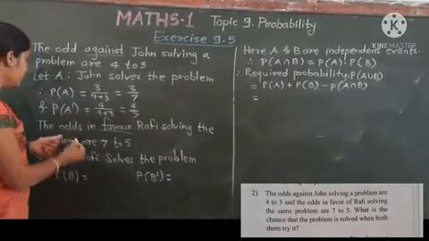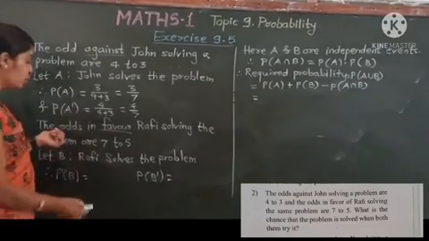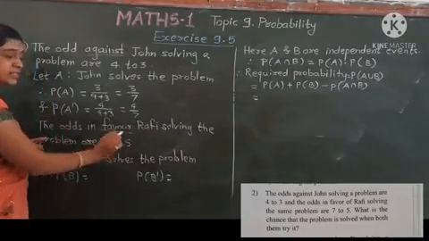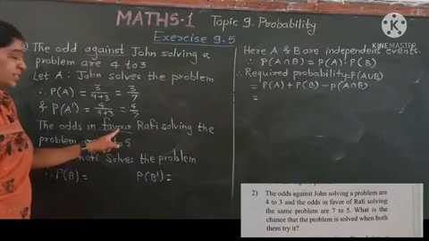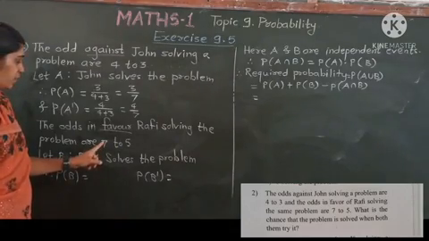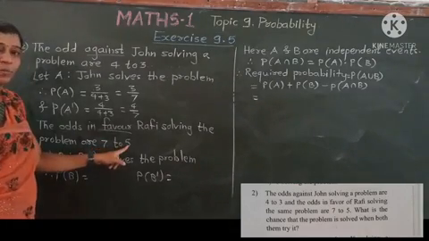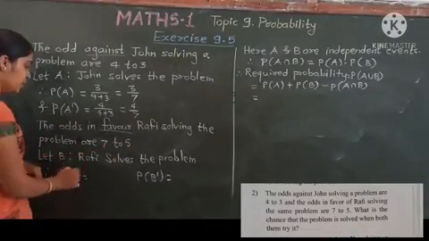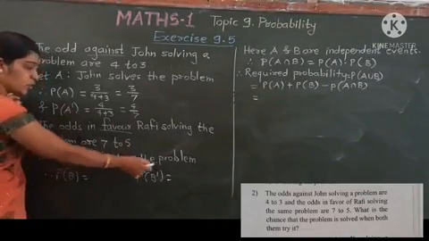Okay. Similarly, the second condition is given in the textbook. The odds in favor of Rafi solving the problem are 7 to 5. Favor means here chances, and its complement is given. Therefore, Rafi does not solve the problem.